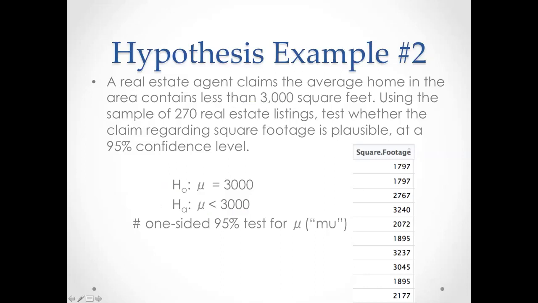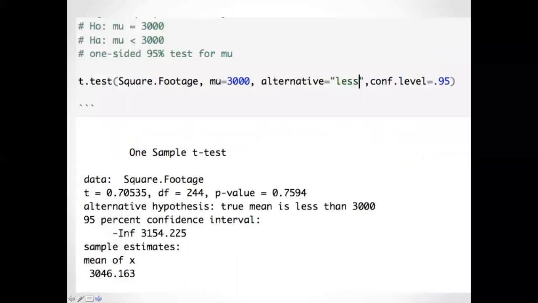To code this in R, we will want to update some of the arguments in the function. Notice in our t-test function here, we have updated the average of interest, mu equals 3,000, and the alternative test now involves a less than expression.